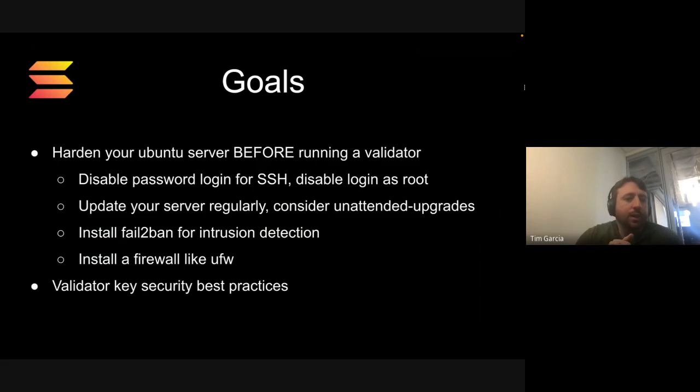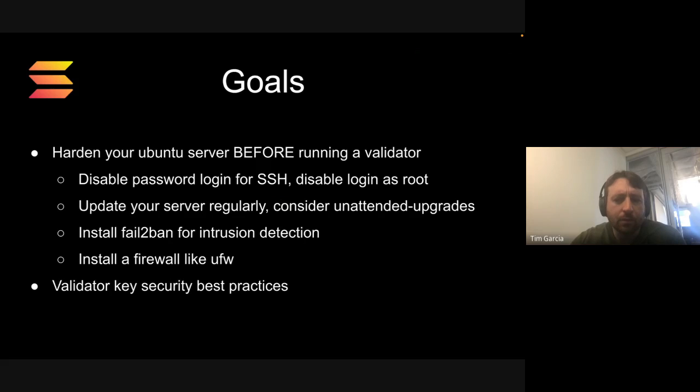All right, so my goals today are to talk about security, specifically Ubuntu security for setting up your validator, and then key security for your validator identity, vote account, and withdrawal keys. The reason I wanted to talk about this was there's been a couple people reaching out to me from the delegation program who have their identity keys compromised.